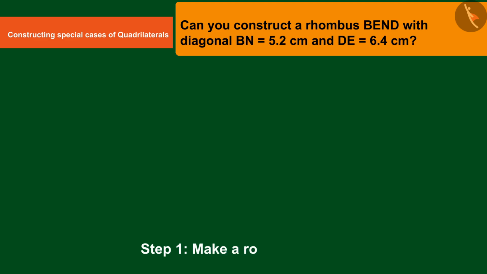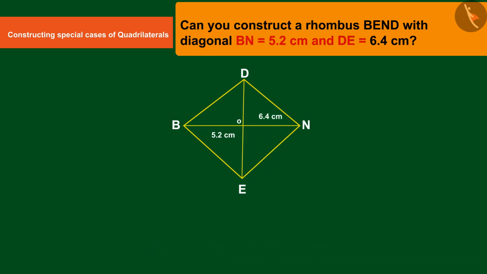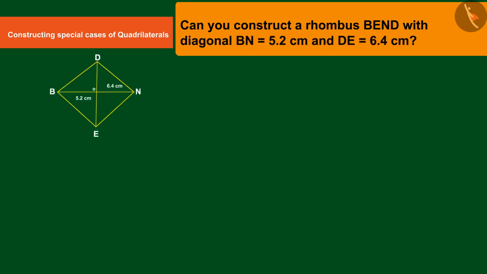Create a rough shape. So, let's first construct a rough shape in which BN equals 5.2 centimeters and DE equals 6.4 centimeters.